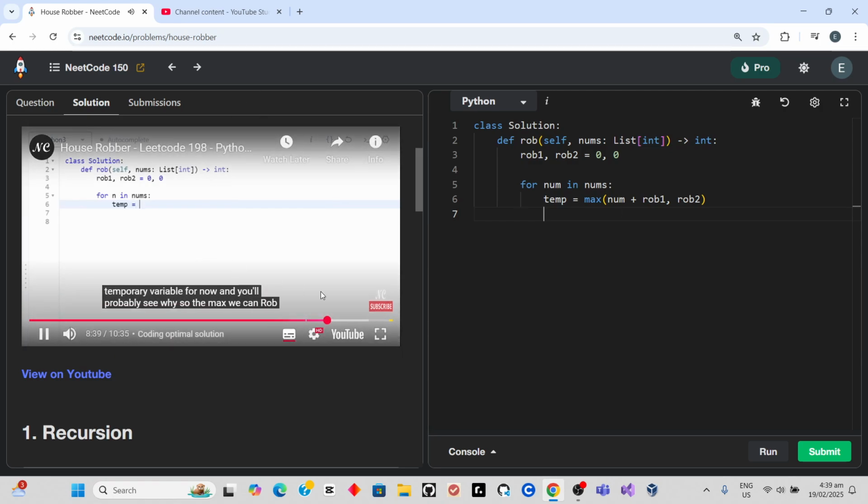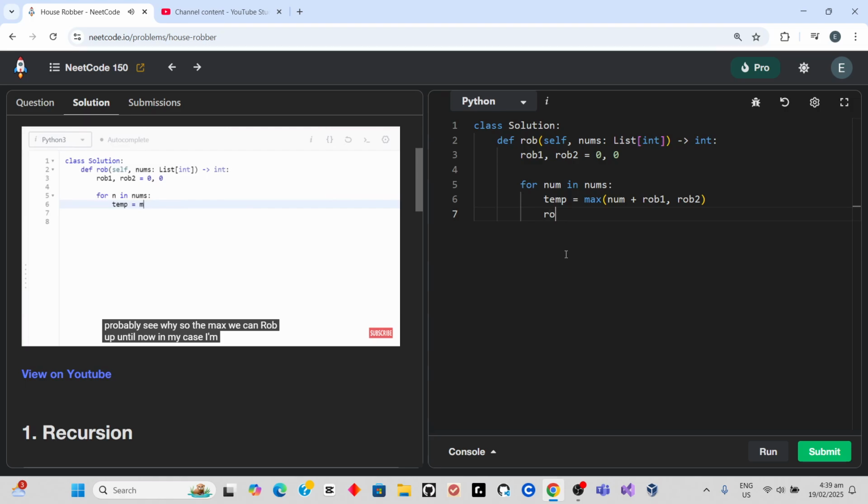So the max we can rob up until now, in my case, rob2 was the last house that we robbed. Rob1 was the one before that. So knowing that, the max we could get would be n plus rob1, meaning there's a gap between the current house and the previous house, or rob2, which includes the previous house.